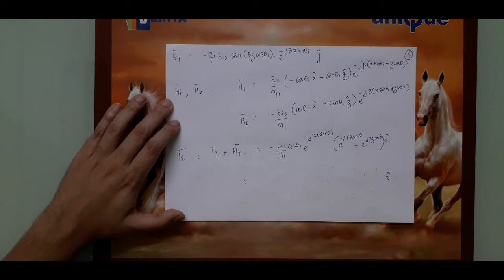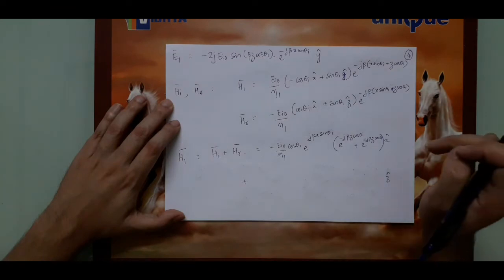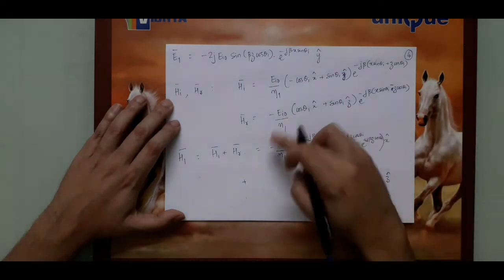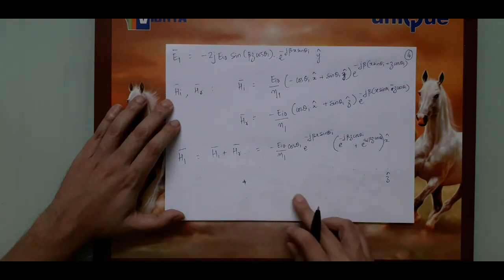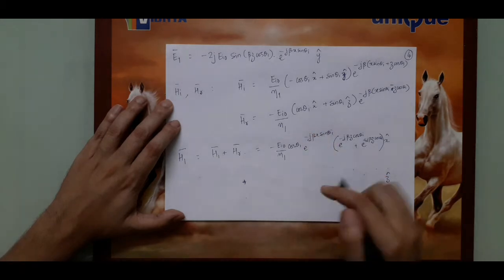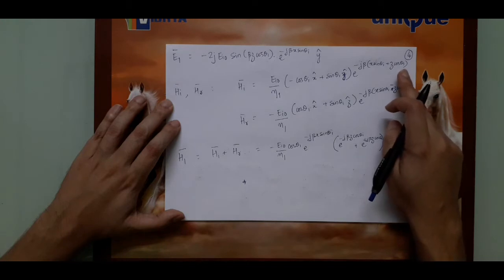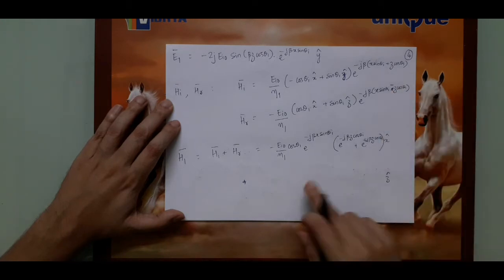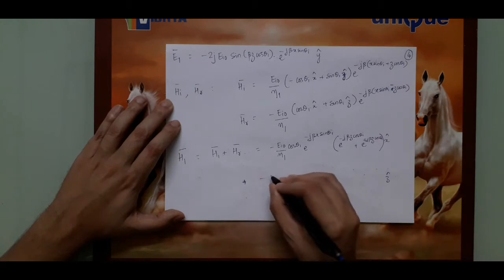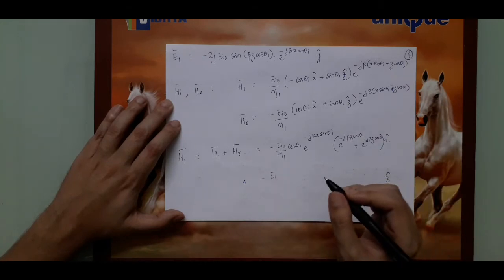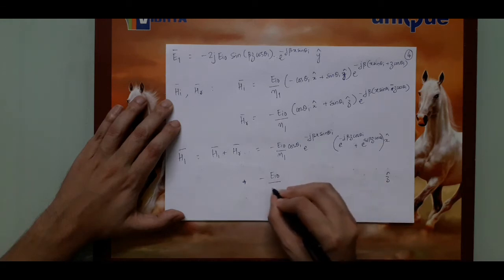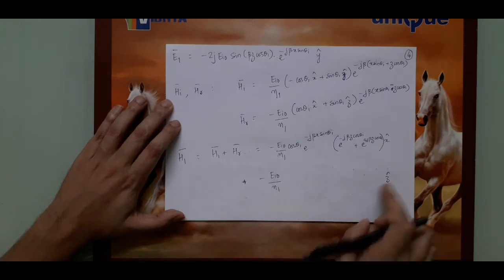I think that's about it. Yes. Plus again, if I take the z terms common, I can take the minus sign outside, and then what I will get is ei0 by eta 1 for the z component.